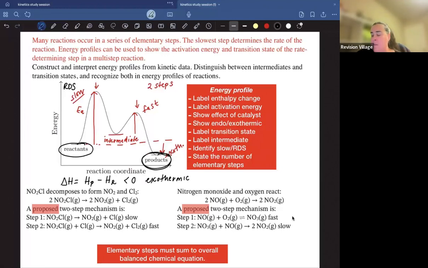To determine the slow and the fast, I just looked at the activation energies of the two steps. This activation energy for the first one is big, and this activation energy for the second one is small. And so I said that the reaction step with the really big activation energy is going to be the slow step.